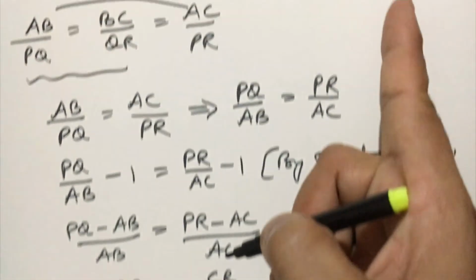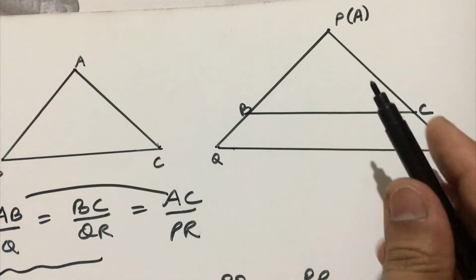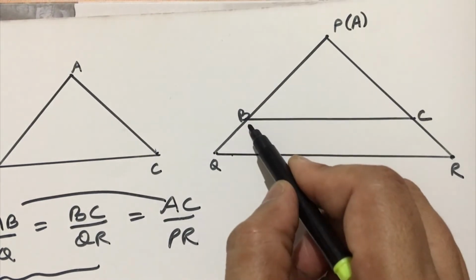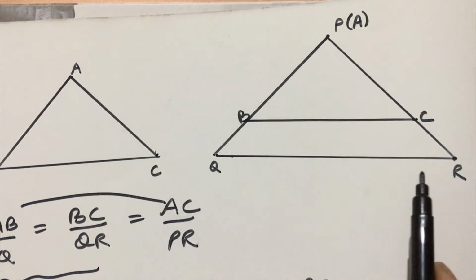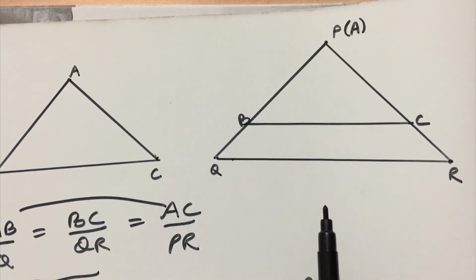When you look at this triangle PQR, or else AQR, if you take it, AB by BQ is equal to AC by CR means what we can say by using the converse of the Basic Proportionality Theorem.